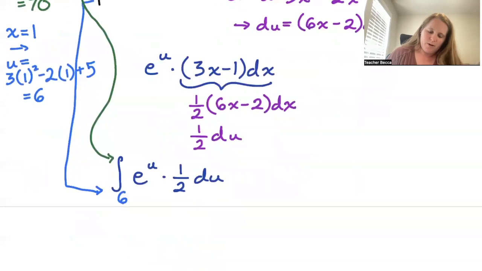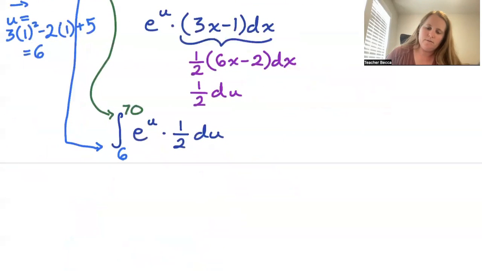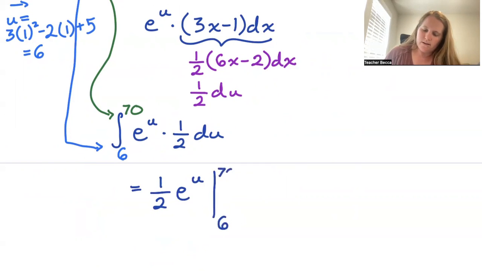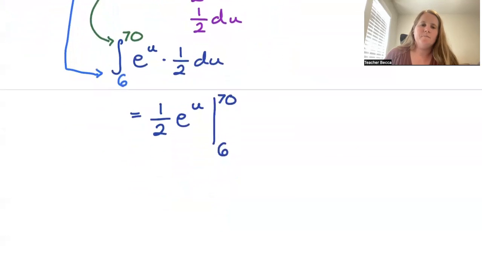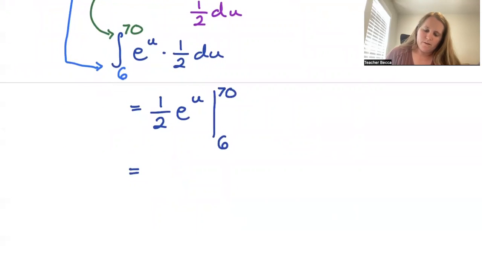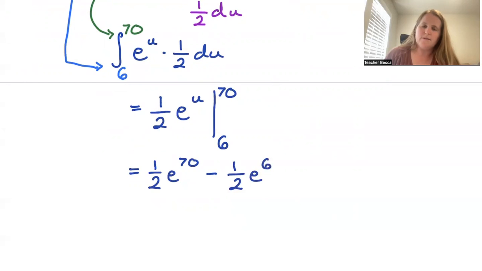So our upper limit is 70. So we are looking at the definite integral from 6 to 70 of e to the u times 1/2 du. Integrating 1/2 e to the u just becomes 1/2 e to the u, and we are evaluating from 6 to 70. So we are looking at 1/2 e to the 70th minus 1/2 e to the 6th.